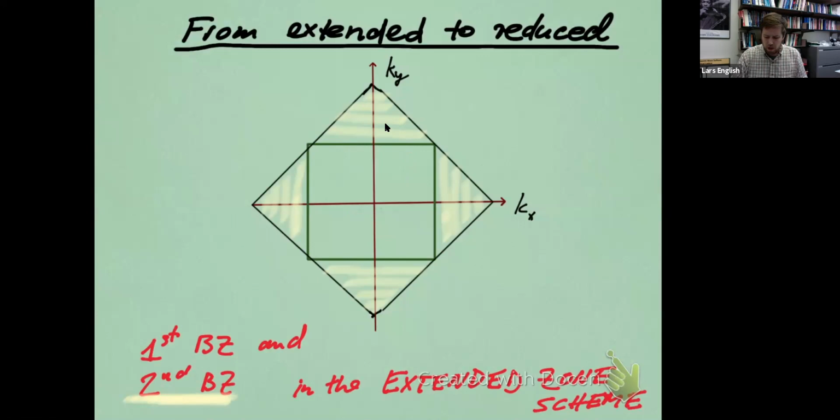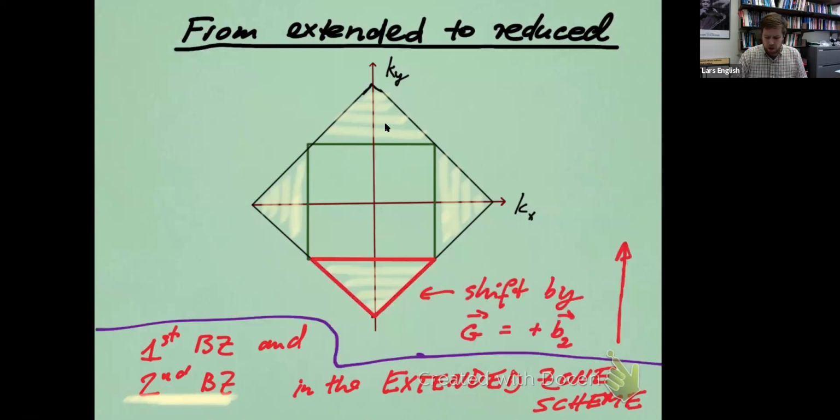Okay, so now let's take a look at this lower triangle there. It falls outside of the reduced zone, and I want to shift it into the reduced zone. So what do I have to do? Well, I'm going to use one of the reciprocal lattice vectors to shift it.